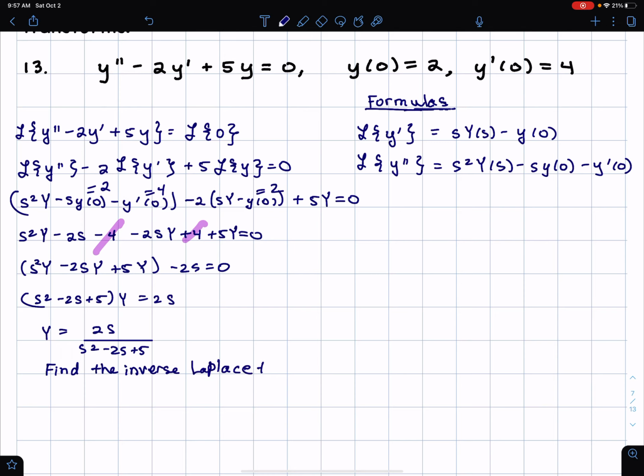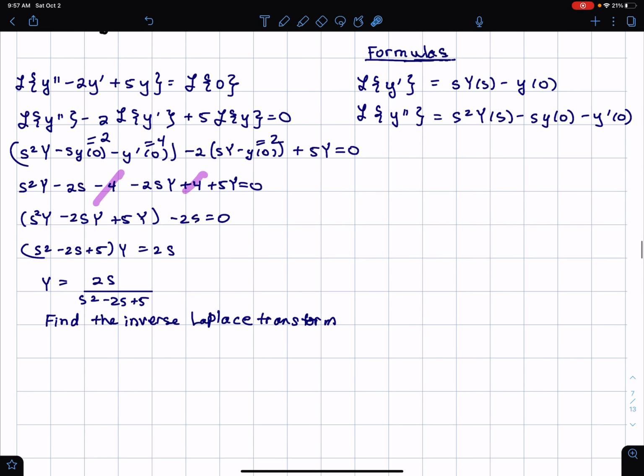But, okay, this is a rational function. So we're going to try to either factor the denominator, or as is the case here, since it doesn't factor over the real numbers, it's irreducible, we're going to complete the square, which is an old trick, but maybe you haven't done it in a while, but it's an oldie but goodie.